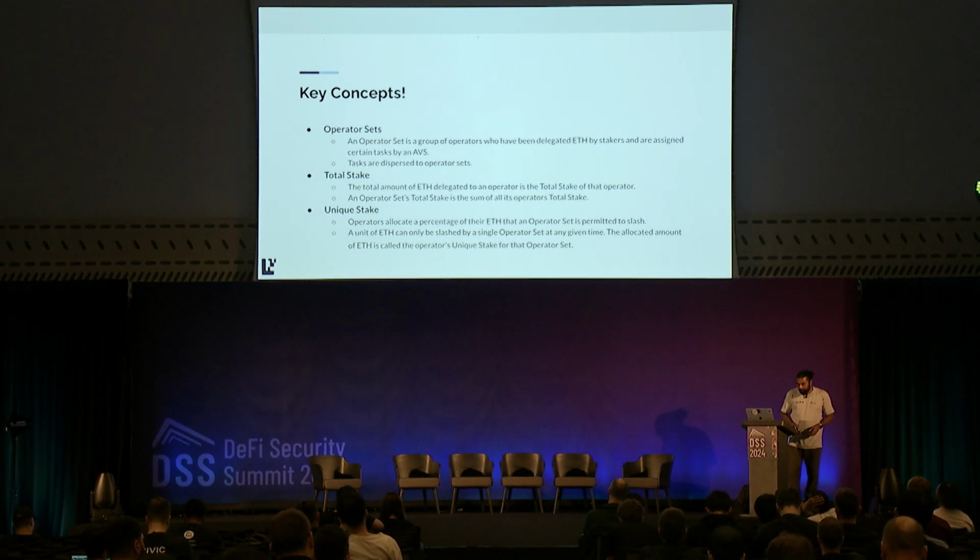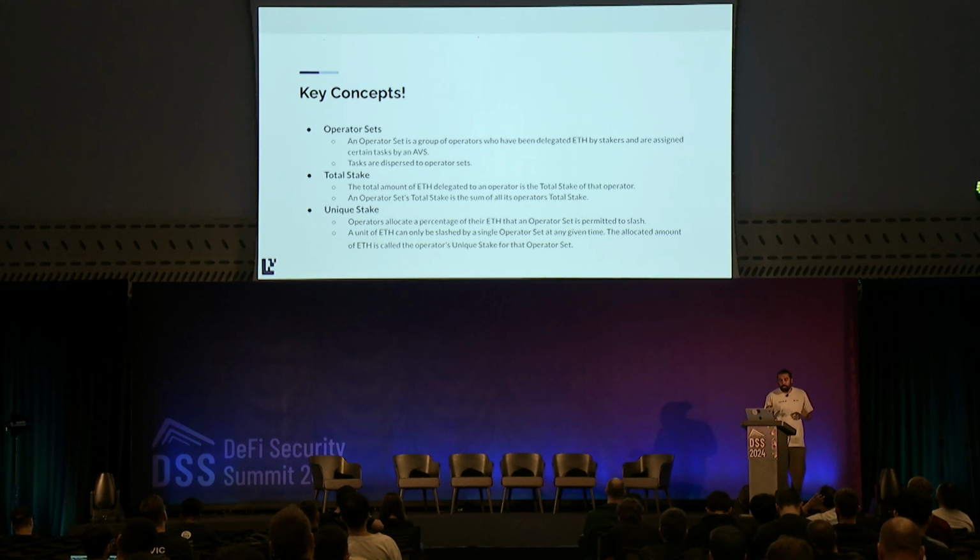So tasks are dispersed to these operator sets, and we have this concept called total stake. The total amount of ETH delegated to an operator is the total stake of that operator. And an operator set's total stake is the sum of all the operators' total stakes.